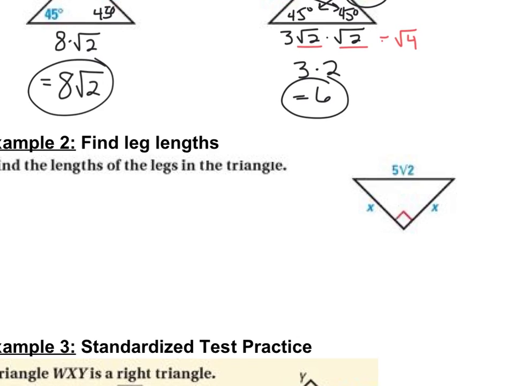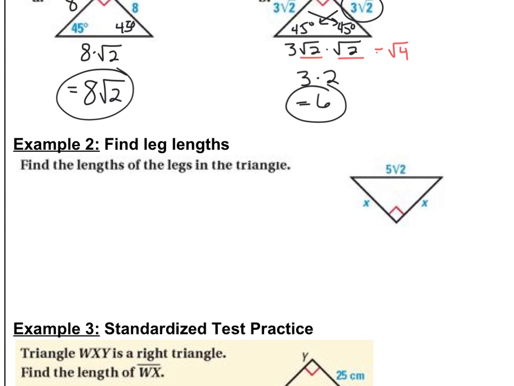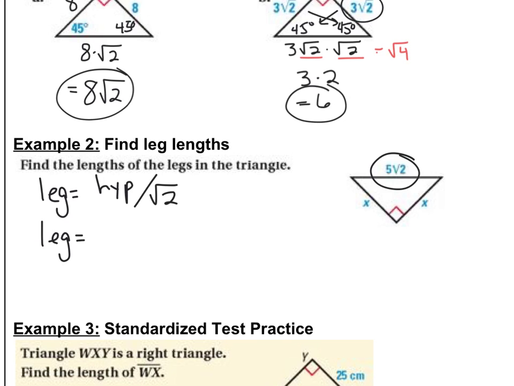Okay, so now we're going to try to find a leg length of a 45-45-90 triangle. So remember, to find a leg, we are going to take the hypotenuse, and we're going to divide it by radical 2. So the hypotenuse in this case is 5 radical 2. So we will take 5 radical 2 over top of radical 2.